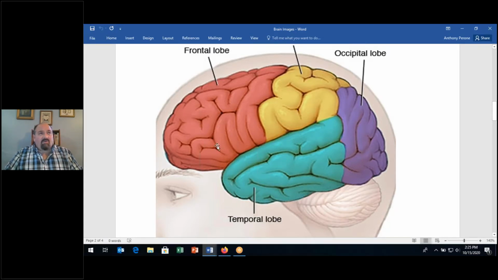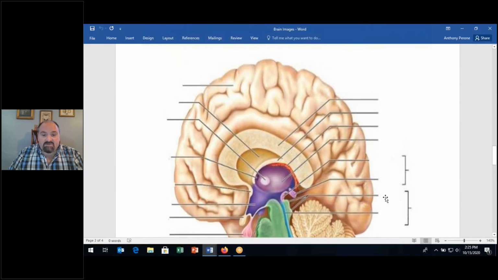We have also processing for your speech, right in through here and back in through here, listening to speech, producing speech. So the lobes are very, very important, and really who you are as a person. It's the frontal lobe that is really your personality and who you are, and a lot of what you're doing as far as processing and thinking, in addition to the cerebellum right there.